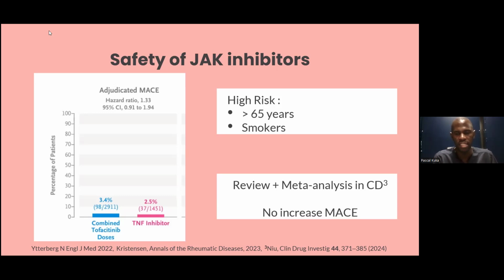Further to that, there was a review and meta-analysis of the use of upadacitinib in Crohn's disease, which didn't establish any increase in cardiovascular events. So because of that, there was an echo statement that said there isn't any increased risk of cardiovascular events with JAK inhibitors in patients with either Crohn's disease or ulcerative colitis.